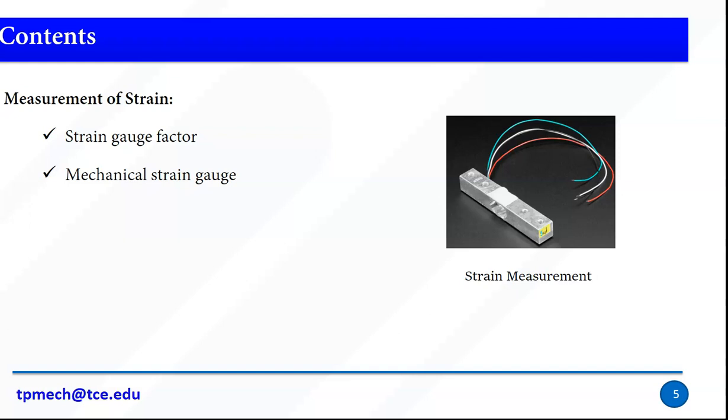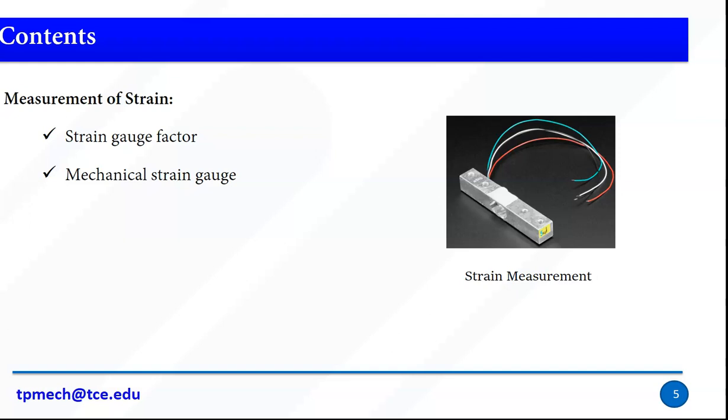The material will get some strain, because its capability is only 10 kg, but I am loading more than that. So it will get stressed, and the stress causes the strain. So strain is a very important property to measure.